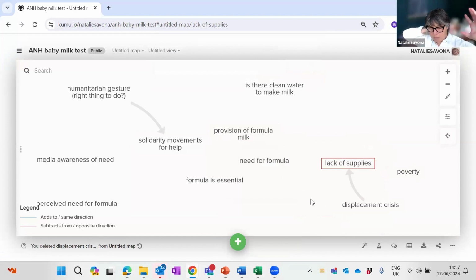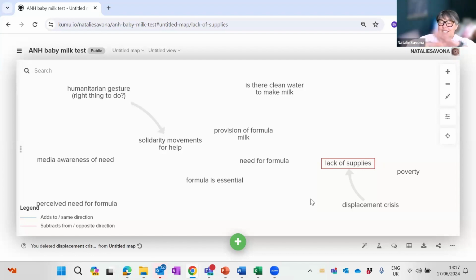Yeah, I guess this is partly why we chose baby milk, because there's the whole angle of, well, obviously, as Sunitha said, it's the right thing to do. It's a humanitarian gesture. You have to do it. But then there's that whole other side, which is, whoa, hang on a sec. Do people have the water? Do they have sufficient formula to actually feed their children, or are they going to water it? And what does that do to a mother's milk in her breasts?